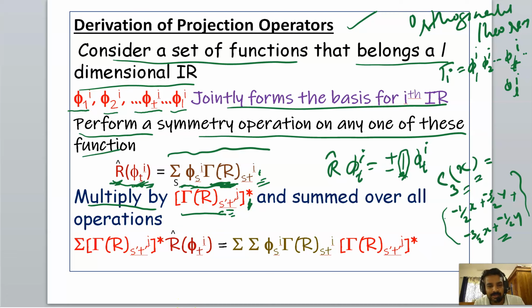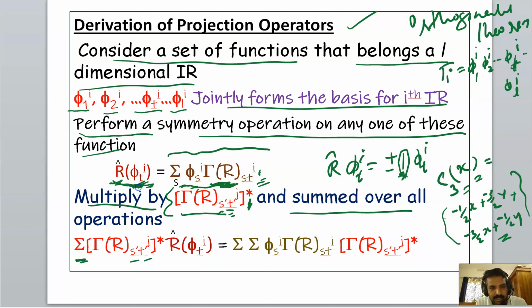We do this to convert it into the form of our great orthogonality theorem, and sum over all the operations. So multiplying by gamma r s dash t dash j star on both sides, we get sigma gamma r s dash t dash j star.